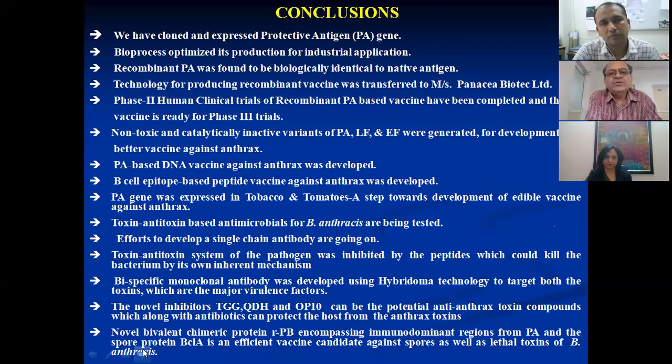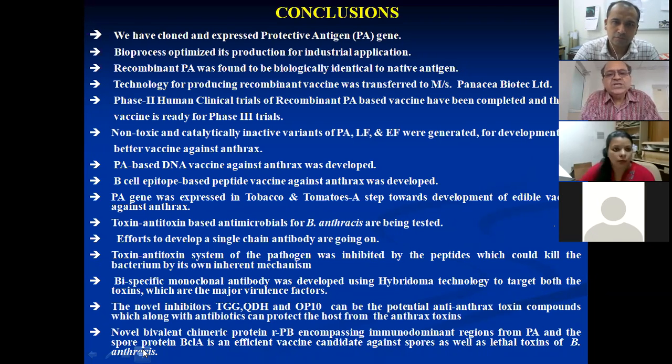Phase 1 and phase 2 human clinical trials based on recombinant protective antigen have been completed, and the vaccine is ready for phase 3 clinical trials. Non-toxic variants of protective antigen, lethal factor, and edema factors were produced for the development of a better vaccine against anthrax.